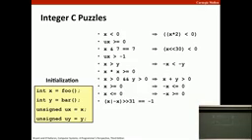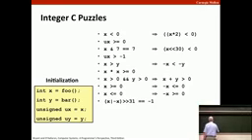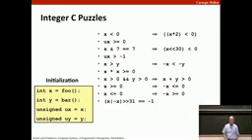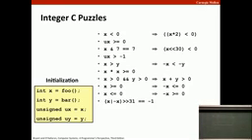And I OR them. That works. So what's wrong with this? Oh, but if I shift this to the right 31 places, it's going to shift arithmetically. Oh, I see. Oh, I'm sorry. I already jumped ahead to a different puzzle.